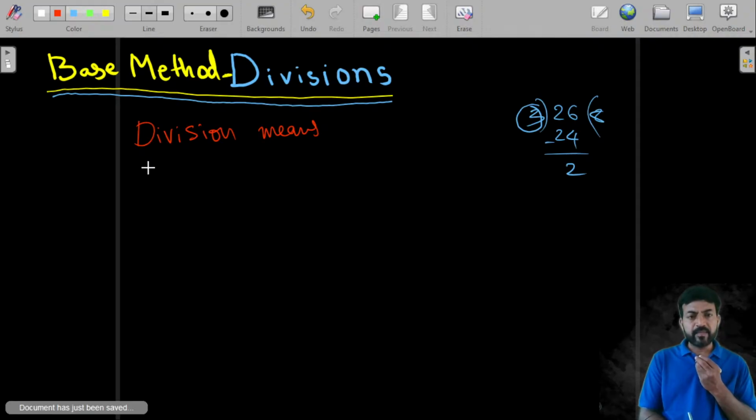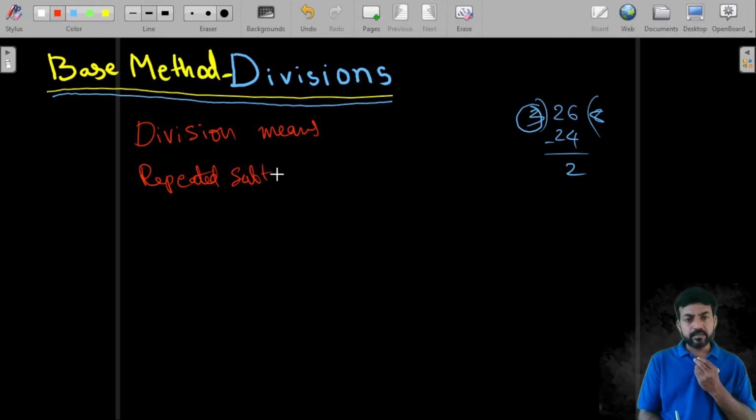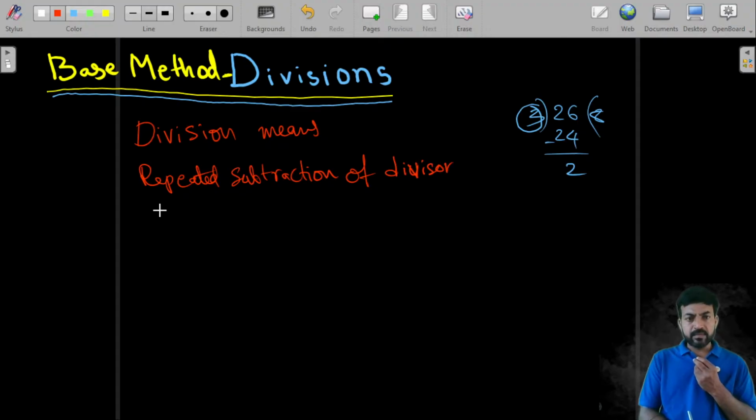Division means repeated subtraction of the divisor from the dividend.